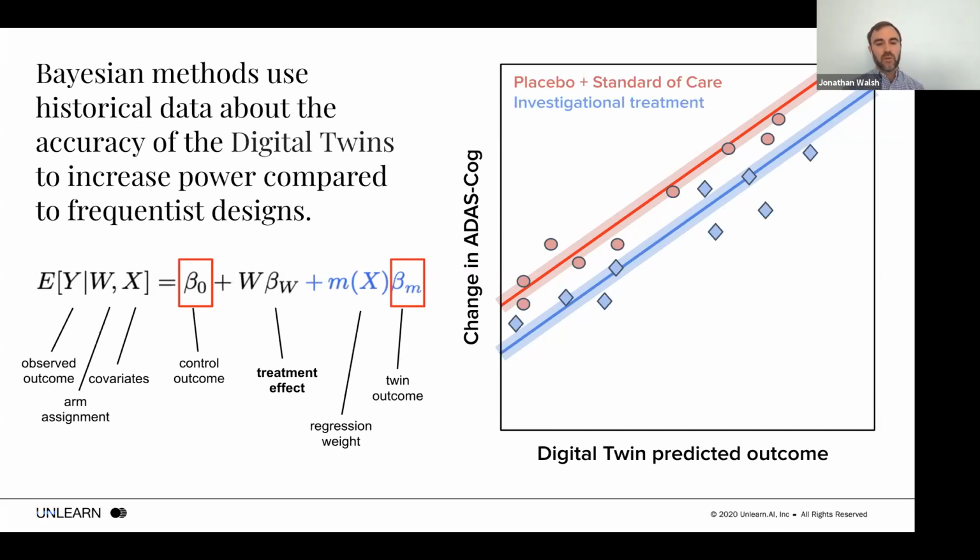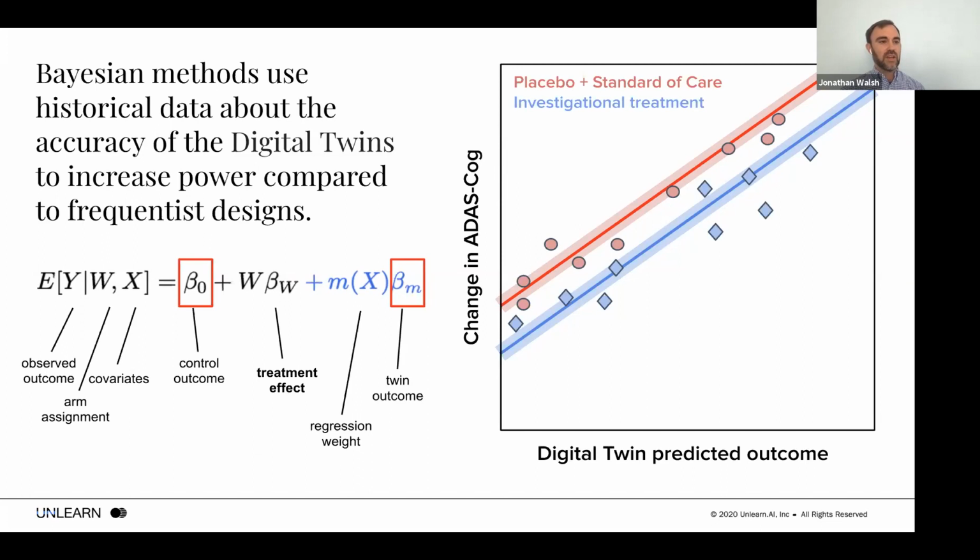So we're not really completely reinventing the wheel here. The statistical model that you're seeing is the same as in the frequentist case. The measures of the control outcomes, treatment effects, and the digital twins' ability to explain variability are all present. But what we're going to do is put some notion of prior information on the control outcome and the digital twin outcome.